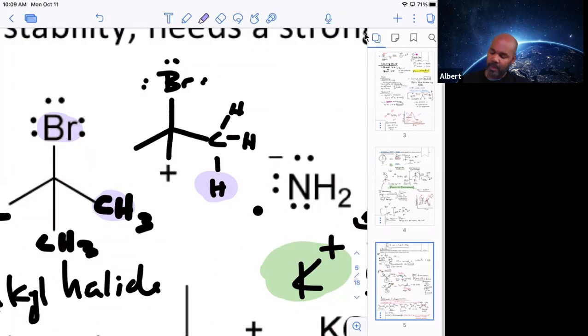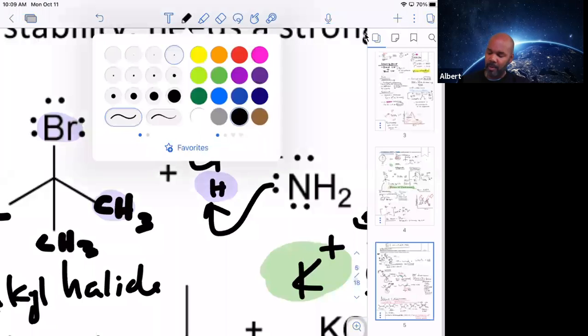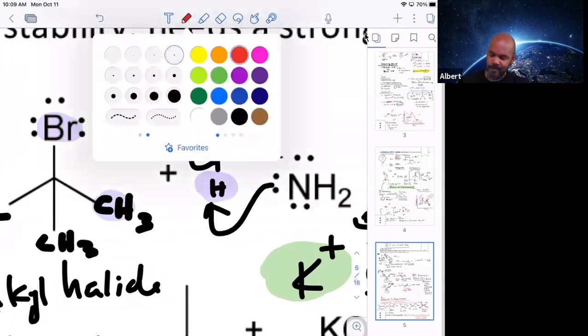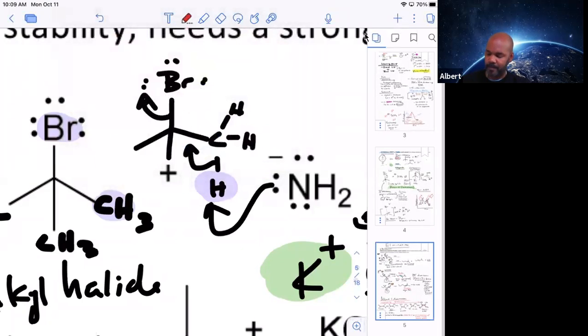If that base were to come in here like that, what would you get? You get a double bond right here.